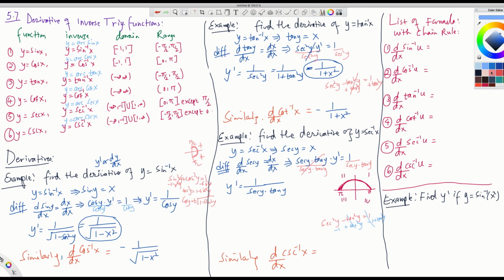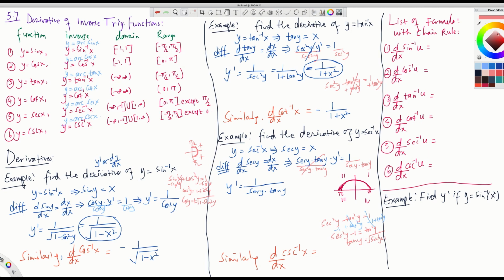Basically you will get secant square y minus 1 equals tangent square y. So tangent y will be the square root of secant square y minus 1.